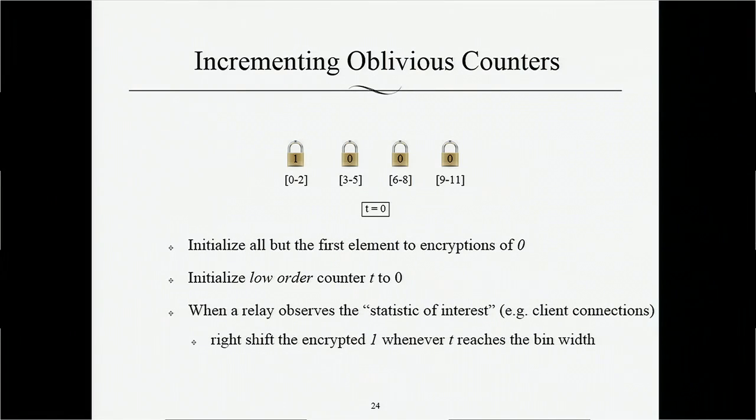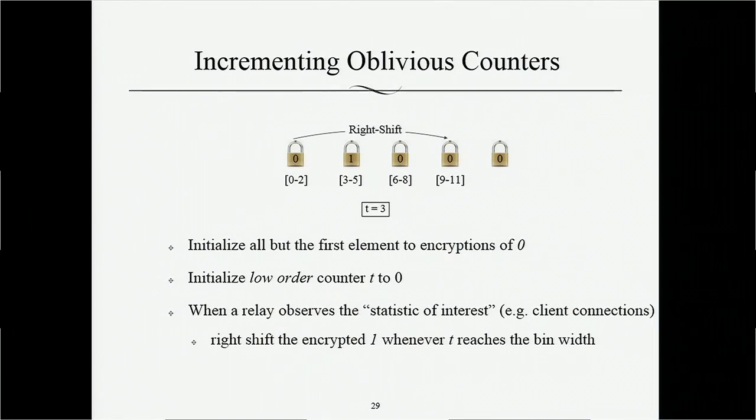Whenever the relay observes the statistic of interest, here say a new client connection, it increments the low-order counter. It sees a new packet, it increments the counter. It sees a new packet, it increments the counter. Now t equals 3, which is equal to the bin width here. At this point, the relays just right shift their counters.